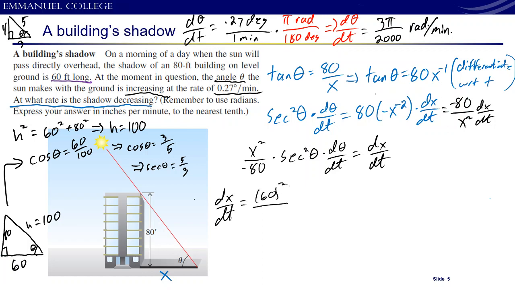So I get 60 squared divided by negative 80, times, this is secant squared, so this is 5/3 squared, times 3 pi over 2,000.